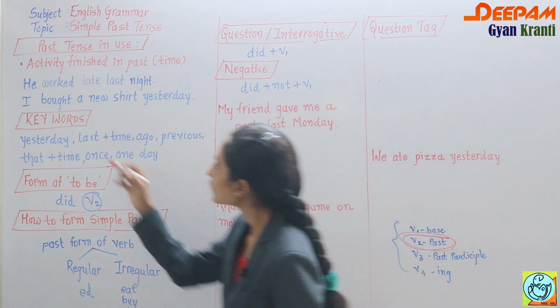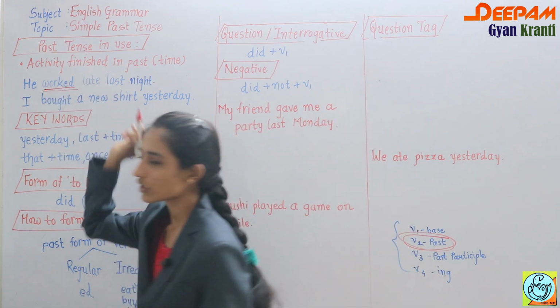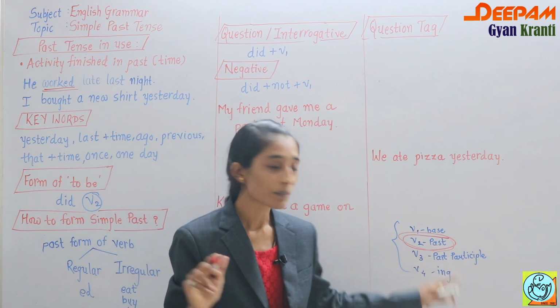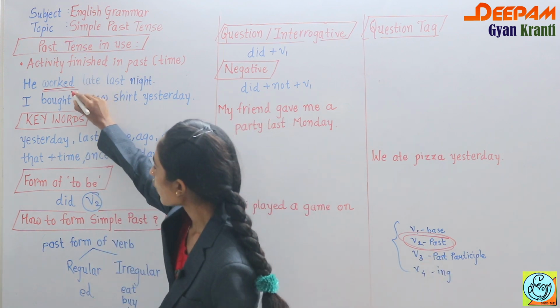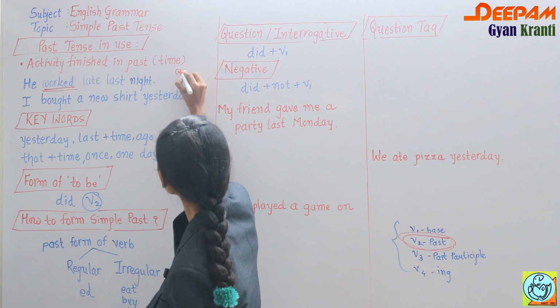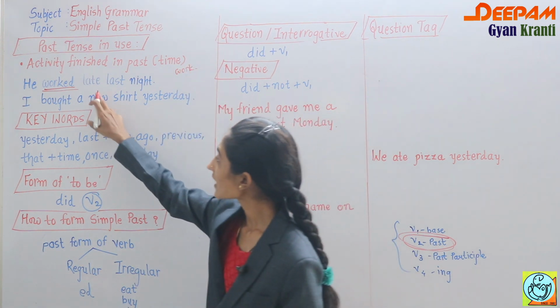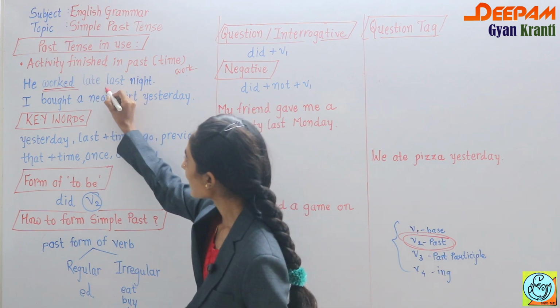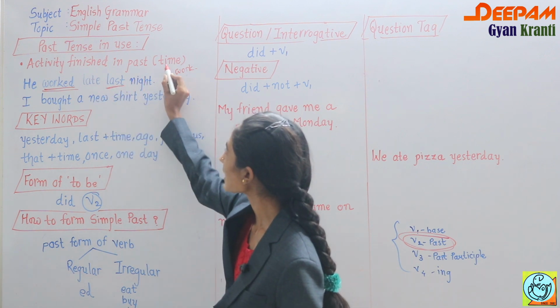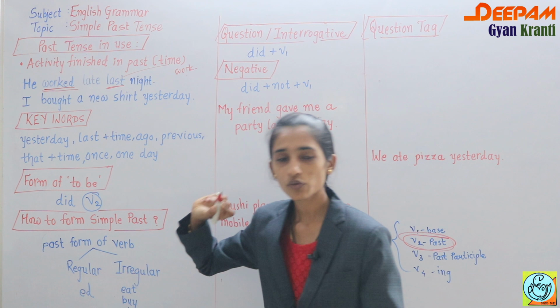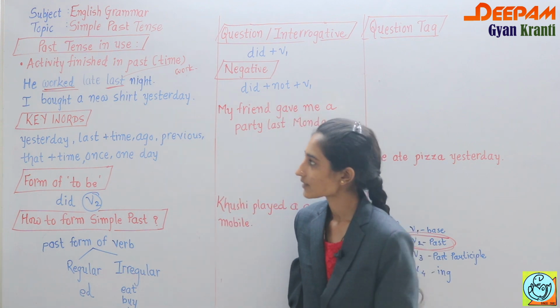See here, worked, that is V2, the past form. What is the V1 or basic form? Work, and worked is the past form. Here even the word last indicates the time, so we can say it is simple past tense.